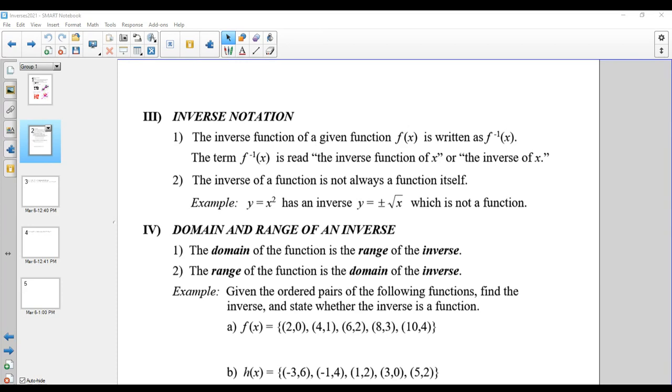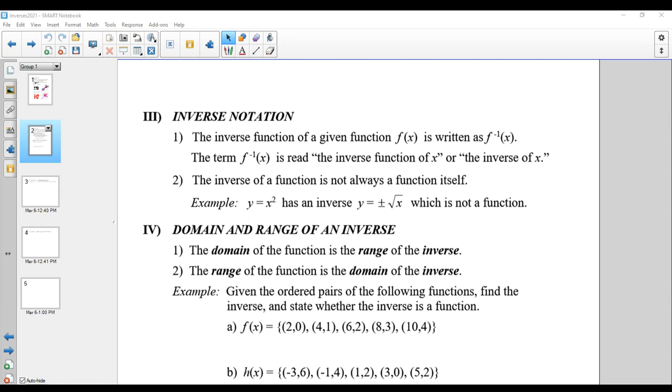It's read as f inverse of x. The inverse of a function is not always a function itself. In the one that we just did, the quadratic function, that's a function. It passes the vertical line test. But the inverse, you notice that it had that kind of a C shape, that would fail the vertical line test. So the inverse of a function doesn't necessarily have to be a function itself.